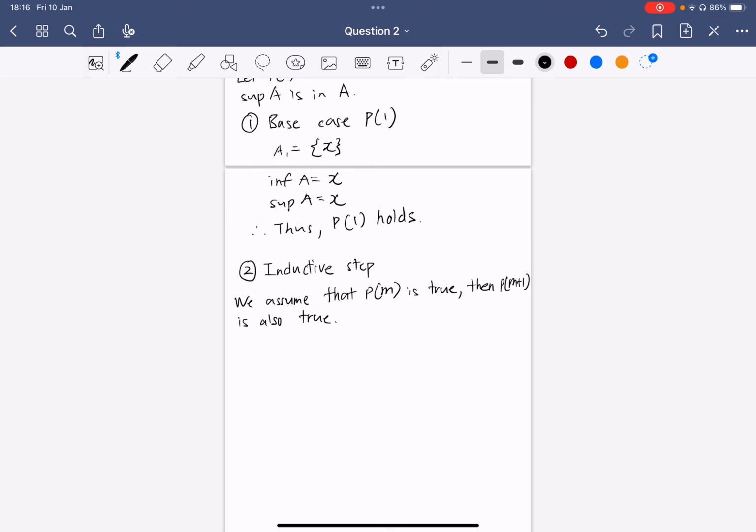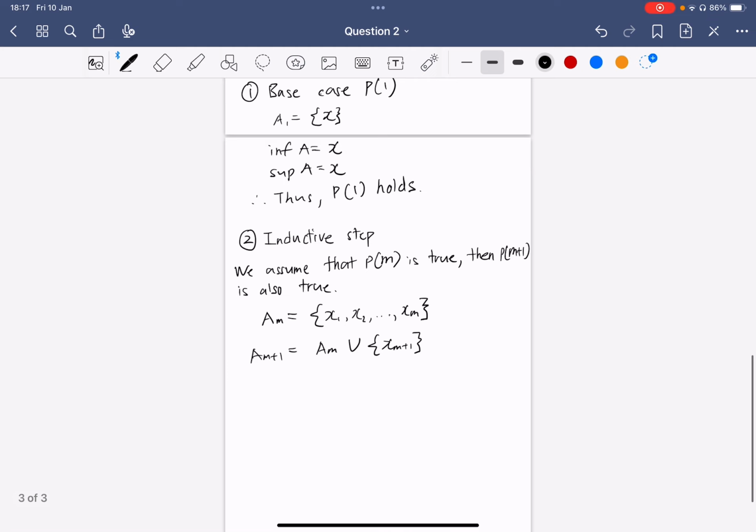And we can define Am as follows: x1, x2, so on, xm. Then Am plus 1 would be the set of Am union with one more element, the m plus 1 element, right?